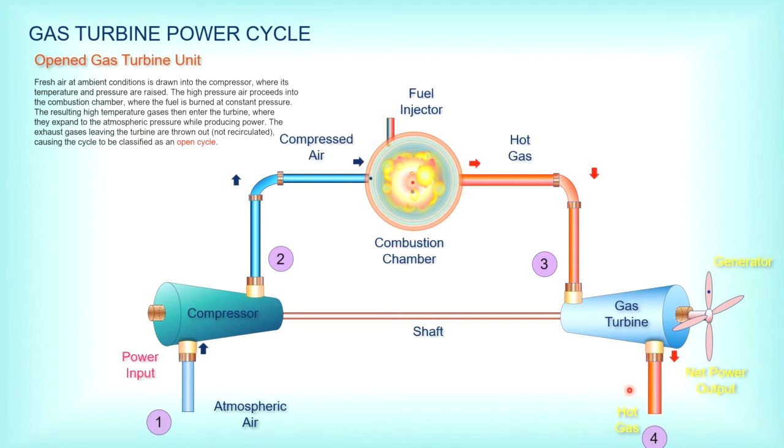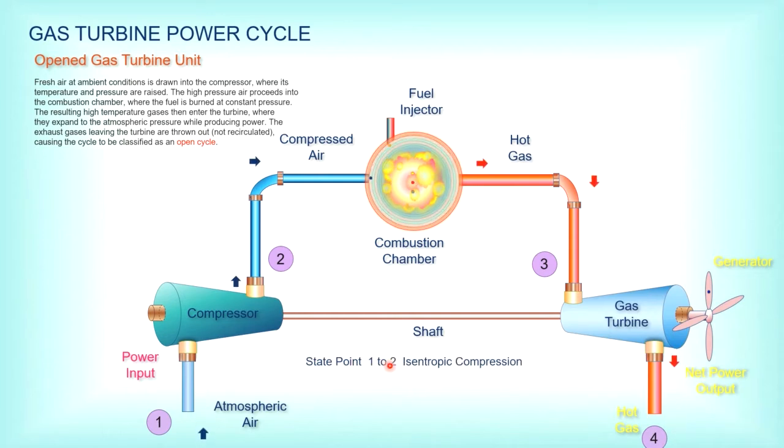So most of the time, this gas turbine cycle is combined with other cycles, so that this hot gas will not be directly discharged to the atmosphere at high pressure and high temperature, which is a waste. Second thing, it causes a global warming effect. So that is the simple gas turbine unit.